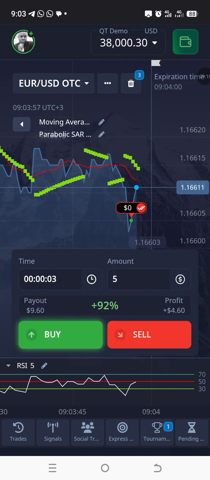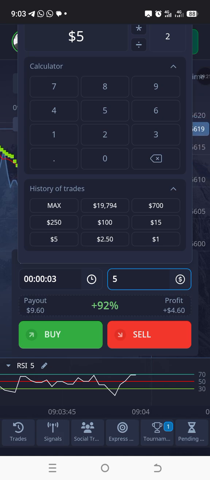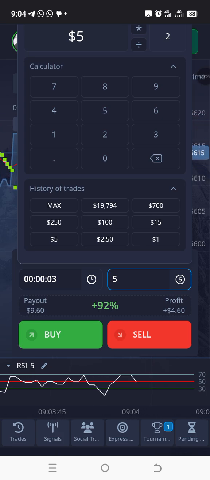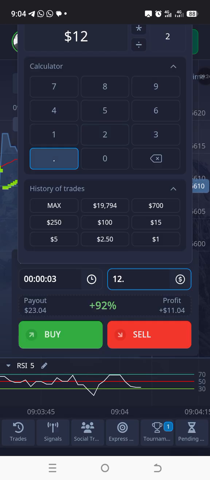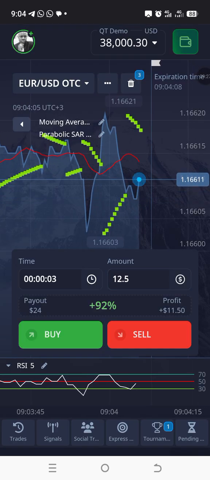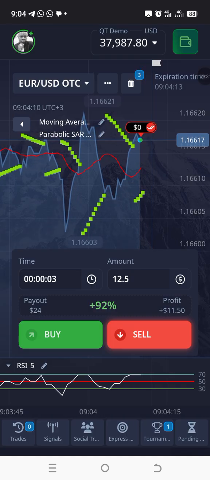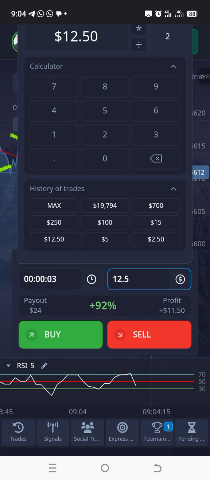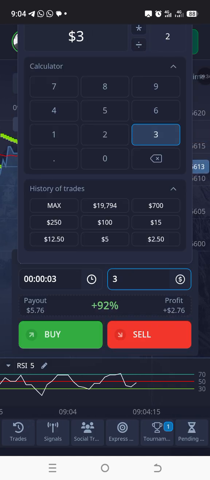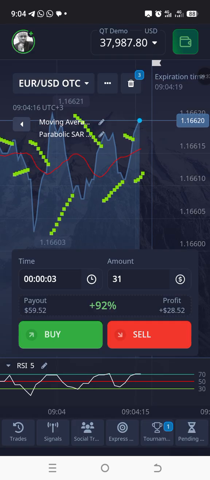I have lost, so I increase the martingale to 12.5. I have lost, I increase the martingale to 31.